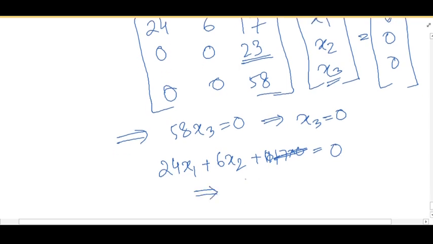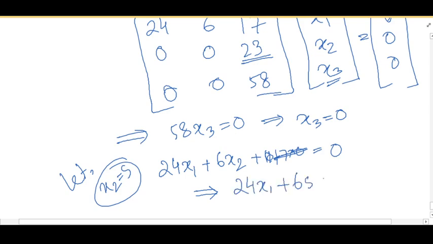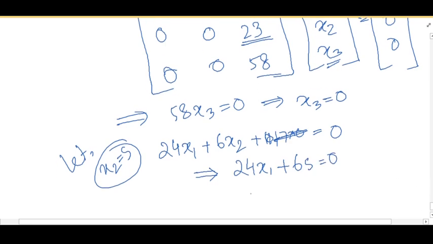Now 24x1 and 6x2. So this is simply representing the ratio. So you can say let x2 equal s. So 24x1 plus 6s equals 0, and from which you can obtain the x1 value will be equal to minus 1 by 4 s.